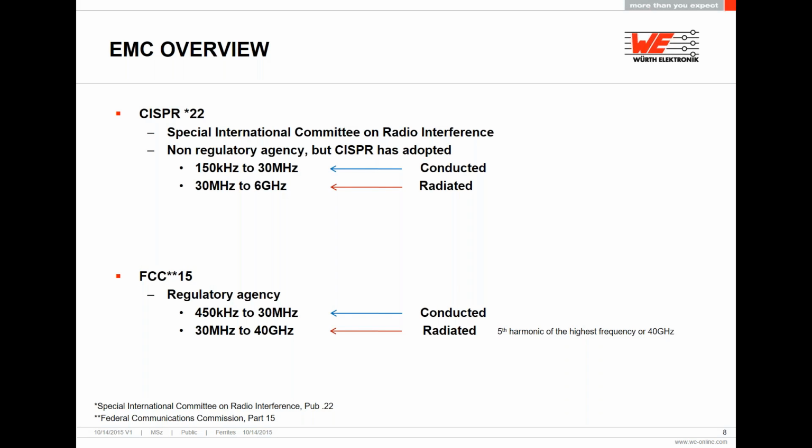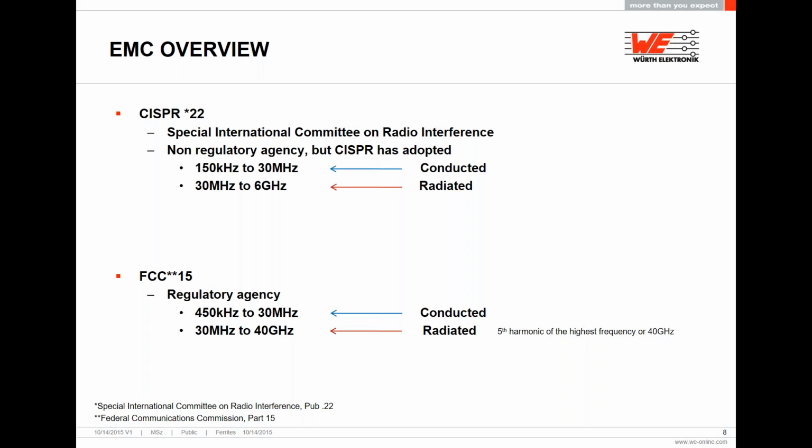As mentioned previously, there are a number of EMC regulations out there. Two that we run into quite often are CISPR 22 and FCC 15. I will not get into a detailed explanation about this. This is just a quick overview of each one.